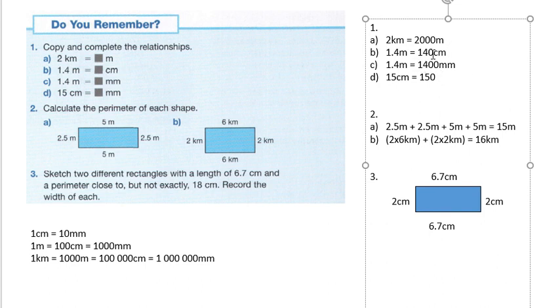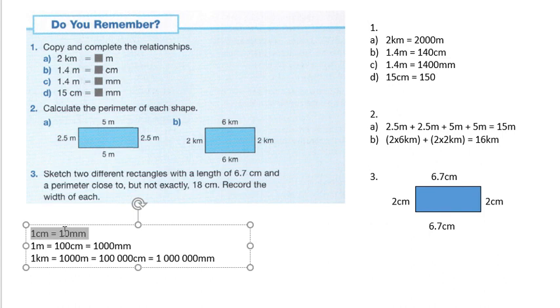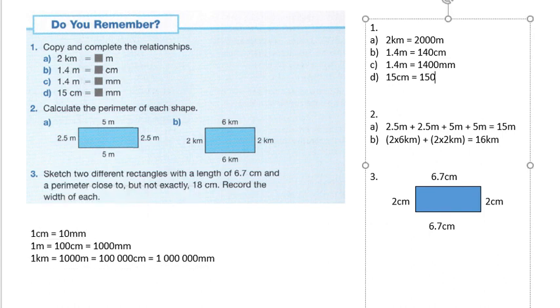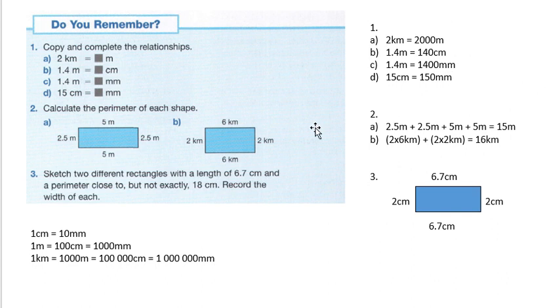All of those different methods are valid. For part D, 15 centimeters. This one here tells us we have to multiply our digits by 10. So 15 times 10 is 150. So that's 150 millimeters.